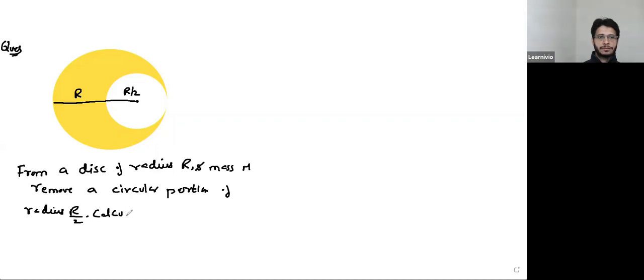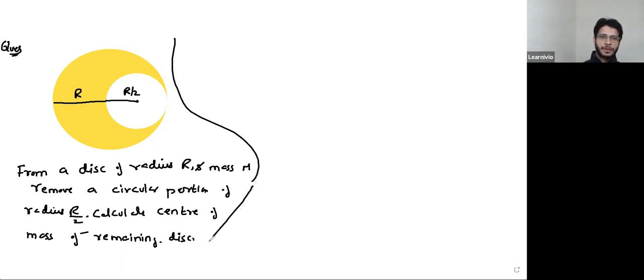Calculate the center of mass of the remaining disk. You need to calculate the center of mass of the remaining disk.